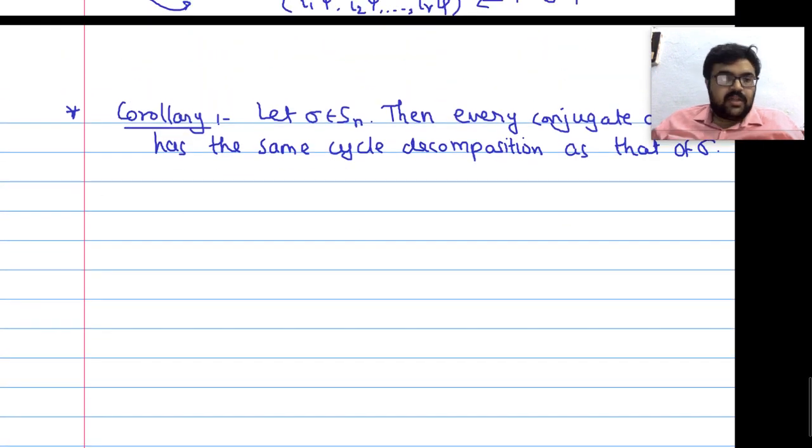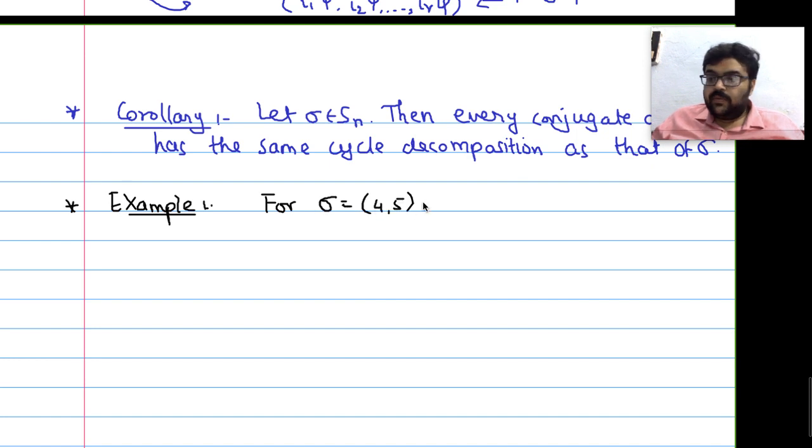Okay, let us consider an example. Let us take an example. Suppose sigma equals (4 5)(1 2 3), and theta equals (2 4 1)(3 5 6 7).